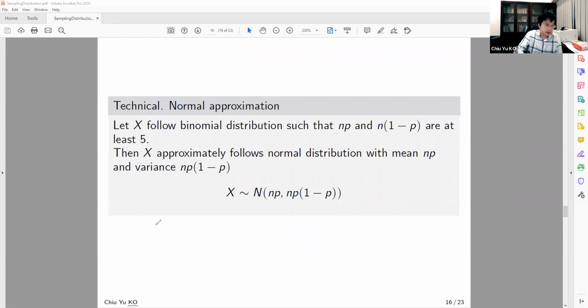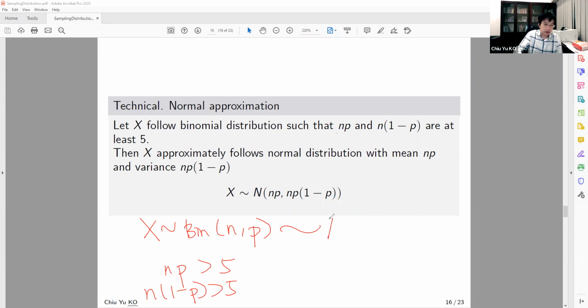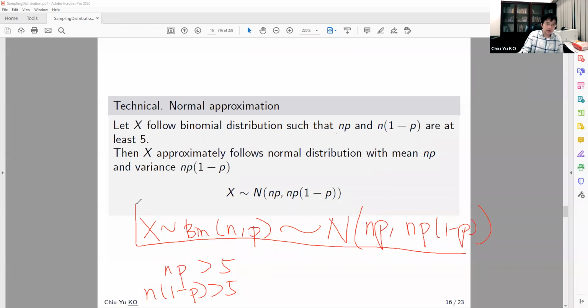What it says is, if X is binomial with n and p, and if n times p is bigger than 5 and n times 1 minus p is bigger than 5, then this can be written as normal with mean np and variance np(1 minus p). I think the original, the one uploaded, is a little bit tricky and not easy to understand, so I rewrote it.